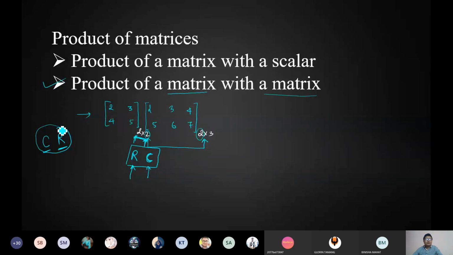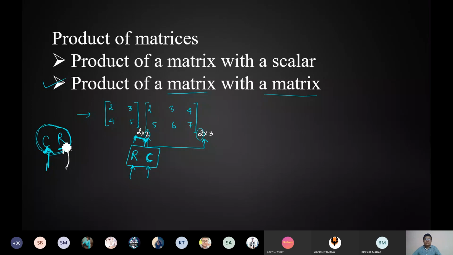For matrix multiplication, this condition must be satisfied, that is, the Cristiano Ronaldo condition. The number of columns of the first matrix must be equal to the number of rows of the second matrix. If these two are equal, then only you can multiply the given matrices.